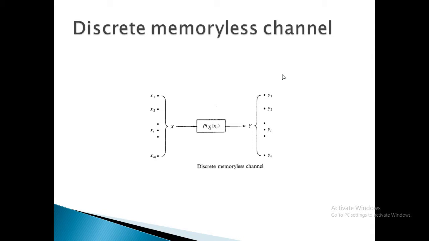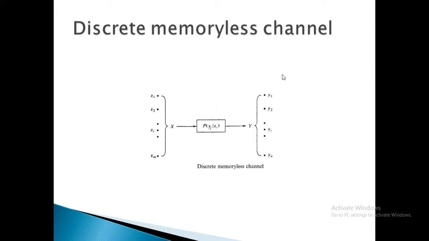Here, in this diagram, a discrete memoryless channel with M inputs and N outputs is illustrated. The input X consists of the symbols x1, x2 up to xm. The output symbols are represented as y1, y2 up to yn. Here P of y given x represents the channel.